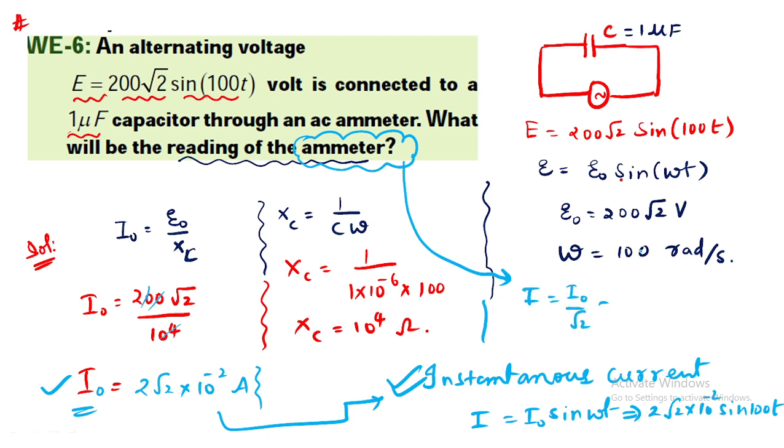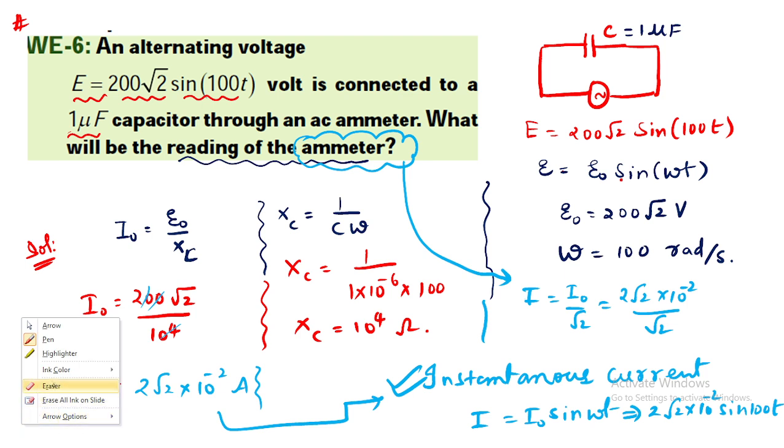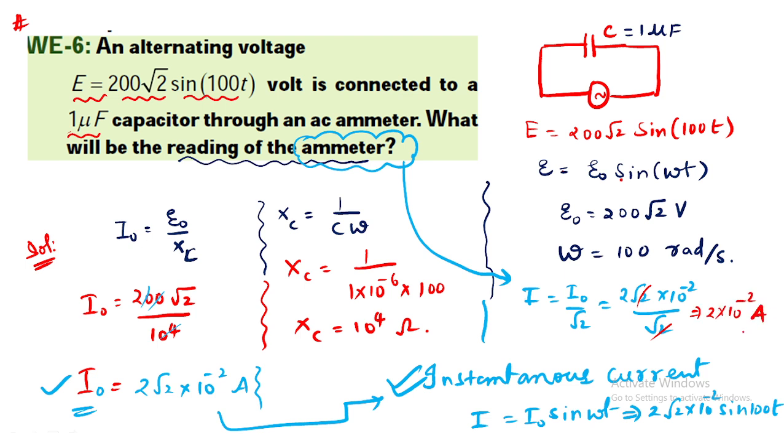I naught value is 2 into root 2 into 10 power minus 2, divided by root 2. So the total answer is 2 into 10 power minus 2 amperes.